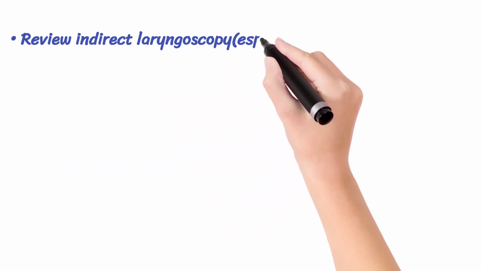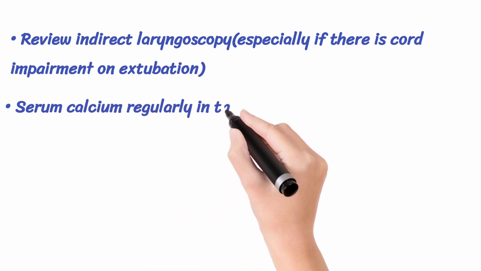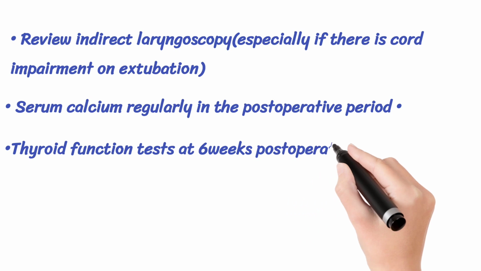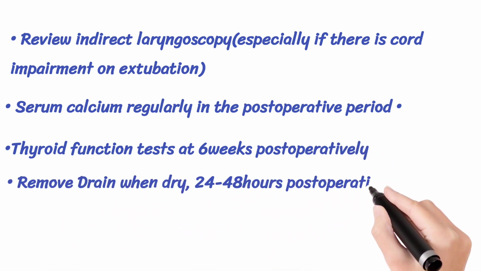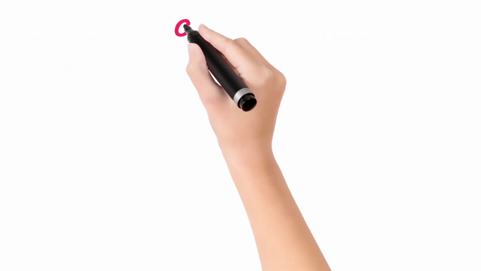In addition, you review indirect laryngoscopy, especially when there's cord entrapment or extubation. Calcium levels should be measured regularly. Thyroid function test at 6 weeks post-op, and then you remove the drain when dry. Some organizations remove the drain when it's 30 ml or 24 to 48 hours post-op.